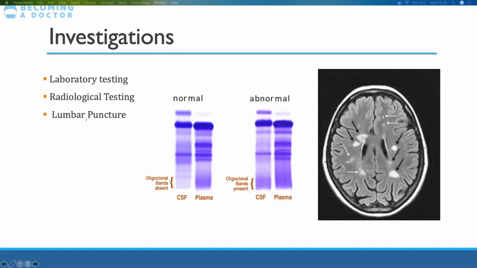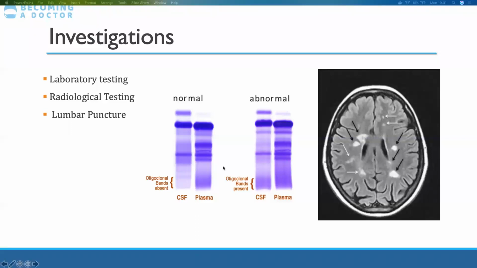They also do a lumbar puncture, and the lumbar puncture is essentially just to analyze the CSF. This is usually done if there's no clear radiological evidence of white matter pathology of MS. And if there are oligoclonal bands present, at that point, they're like, okay, this is very likely to be MS. Essentially, the lumbar puncture would show increased protein, specifically gamma globulins, which are products of activated B cells in the CNS.